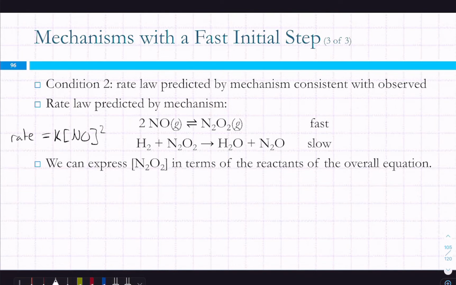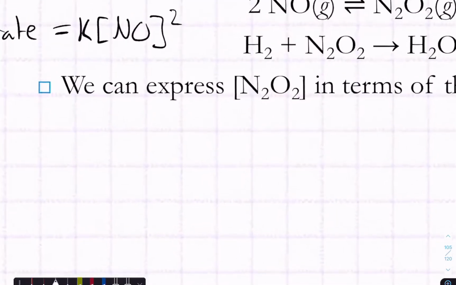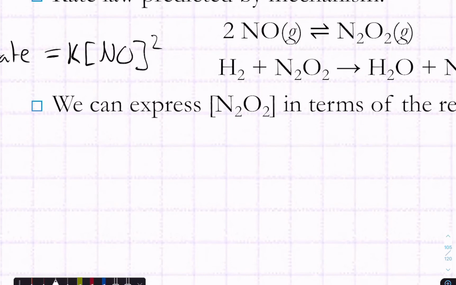The other way to do it, though, is with a little bit of algebra. This is getting a little bit into the next chapter. I'm going to zoom in here. So that's 2NO. So the rate of this forward elementary step, what would be the rate law for that? Rate equals k times the concentration of NO squared.